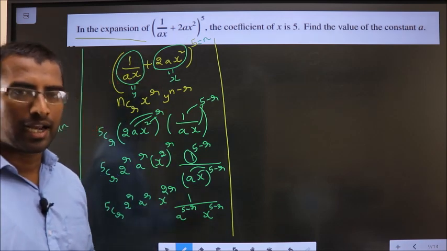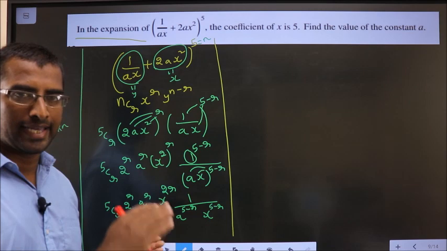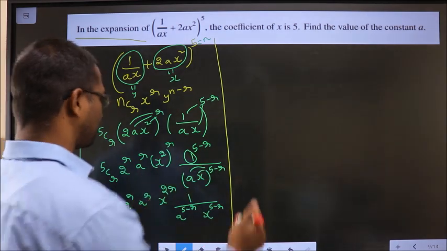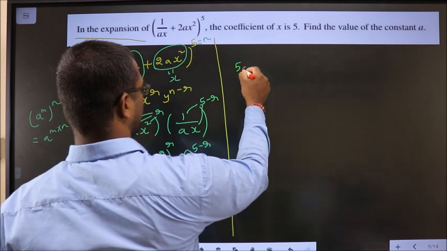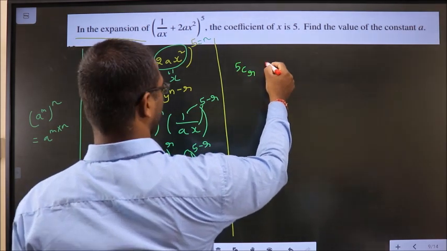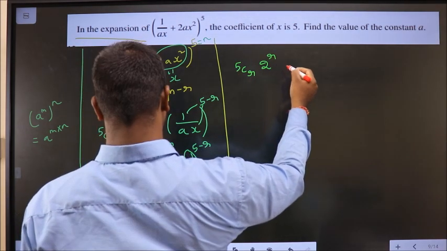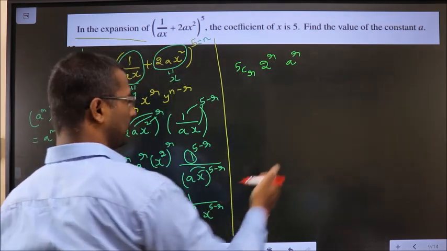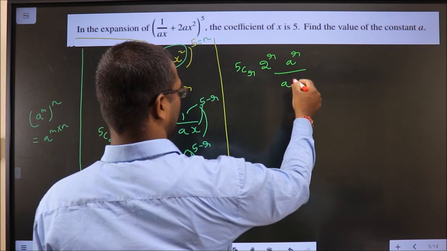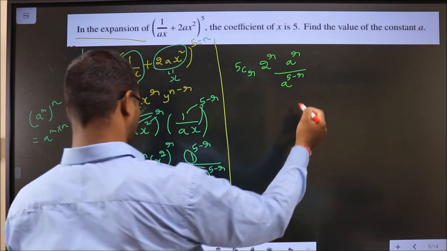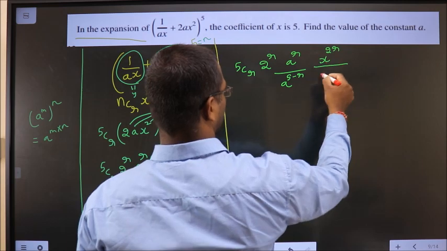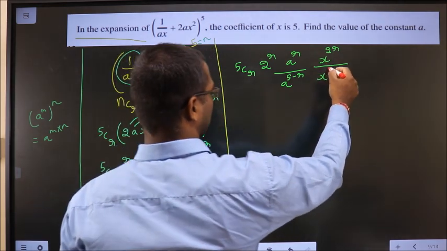Now, write all numbers first, x at last. So that is 5Cr 2^r a^r, the denominator is a^(5−r), x^(2r) by x^(5−r).